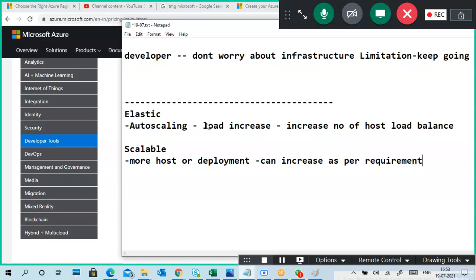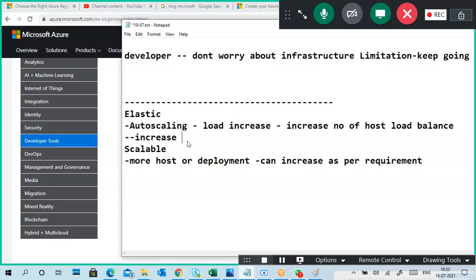When the number of requests and traffic increases, I can increase bandwidth as per my requirement. So it is not only hosts, it is also an increase of bandwidth.